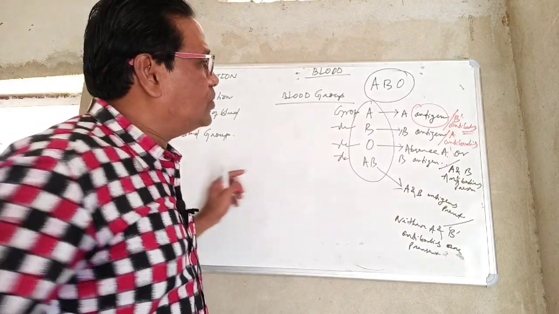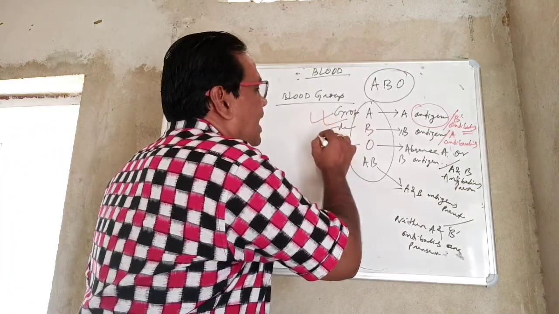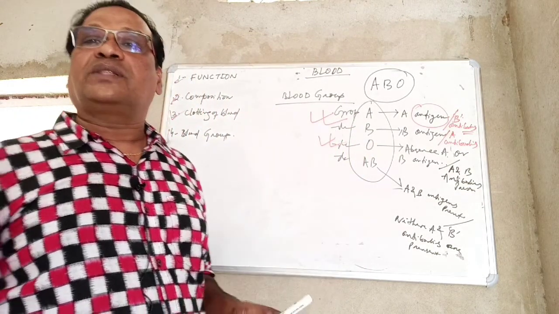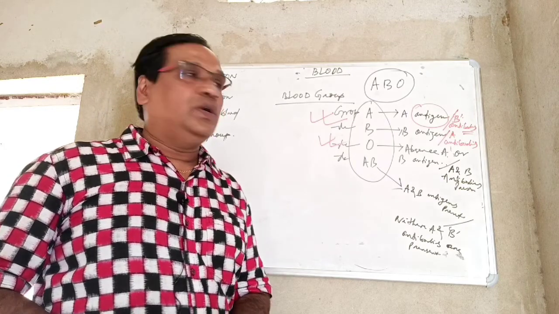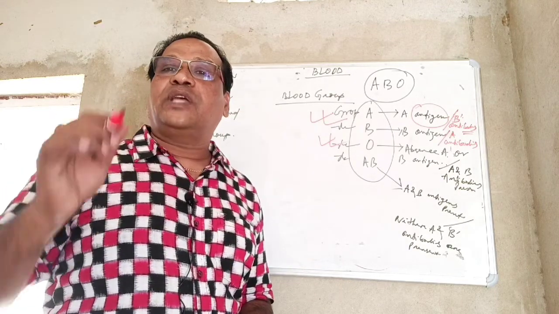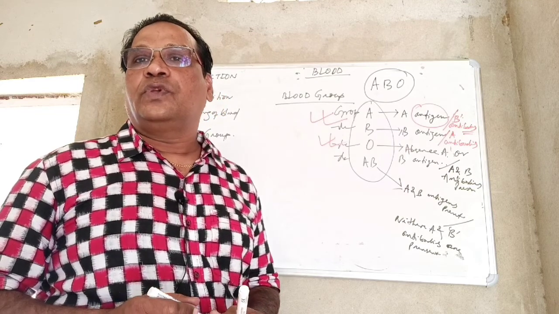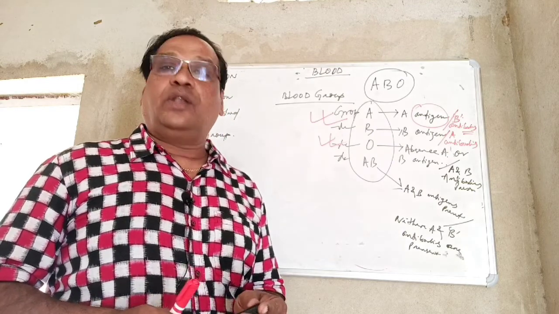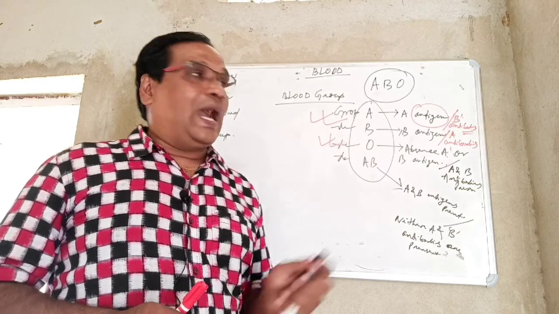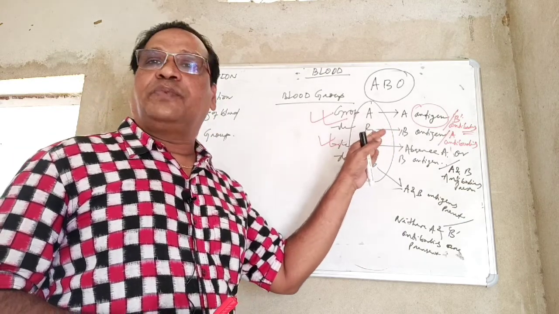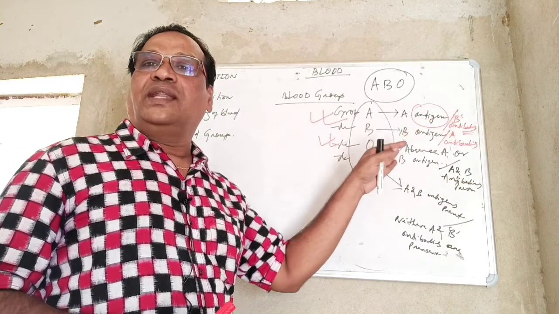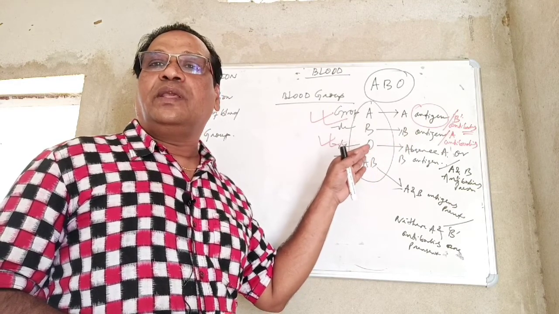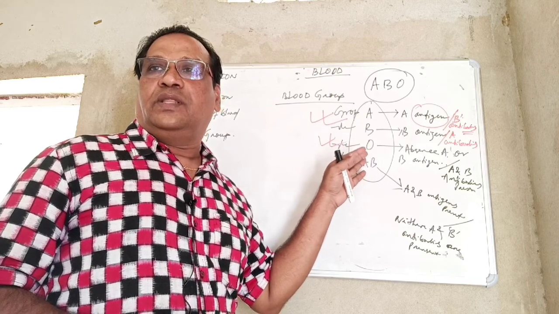So this is according to the presence of antibodies and antigens. These groupings and names were given by different scientists. Different persons have different blood groups, which are tested by doctors under a microscope.